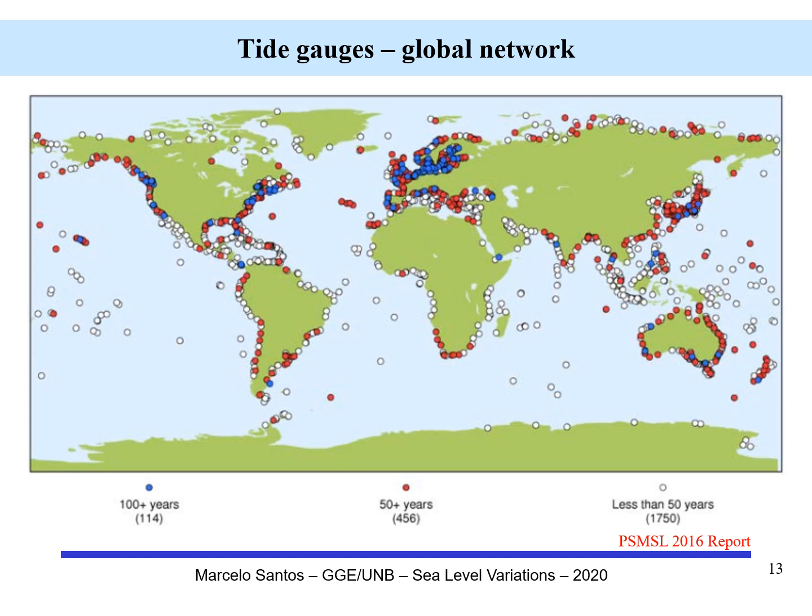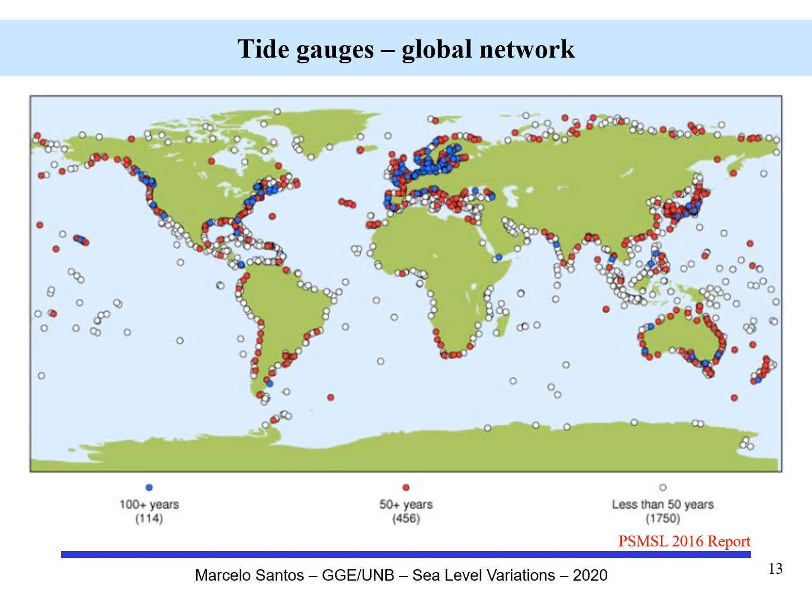The figure tells us that the global network of tide gauges is something recent. Besides the short life of most tide gauges, there is also the fact that some of them are intermittent, which means they do not operate continuously.